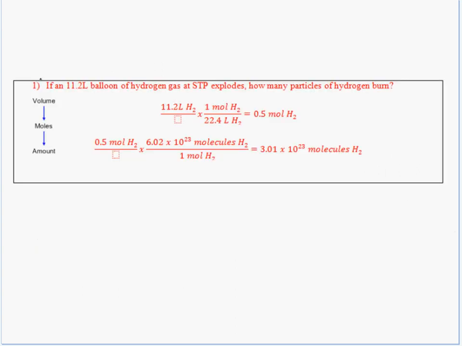So let's look at the examples. It says, if an 11.2 liter balloon at STP, so that means 1 mole equals 22.4 liters, explodes, how many particles of hydrogen burn? Well, I can go to moles, but I can't go straight to particles. So like the thing said, I'm going to go to moles first.